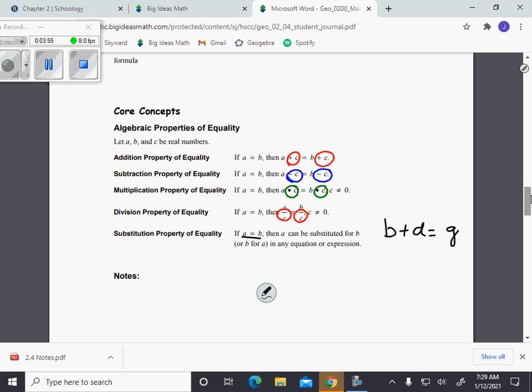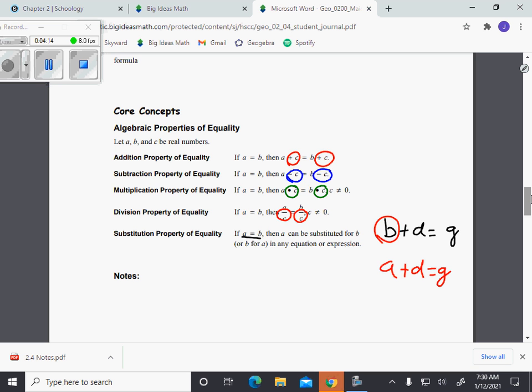I have that equation on the right. Because I have A equals B, I can now substitute this B with A and say A plus D equals G. That's the same exact equation because B equals A.